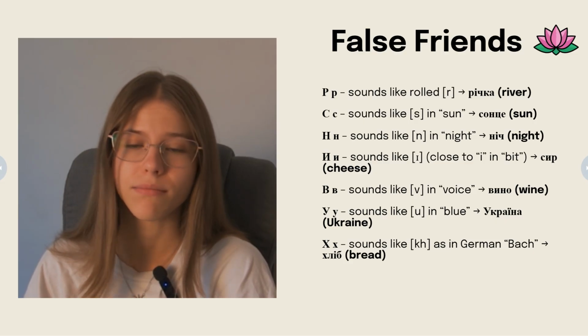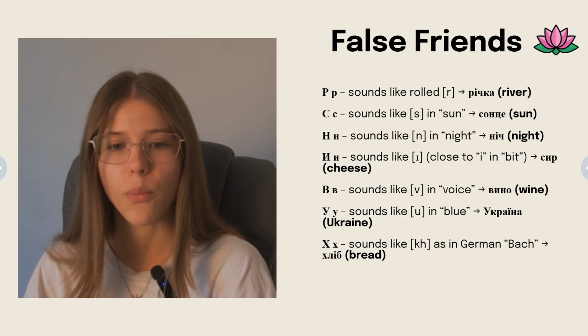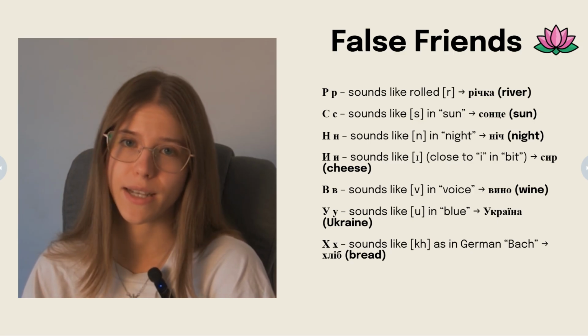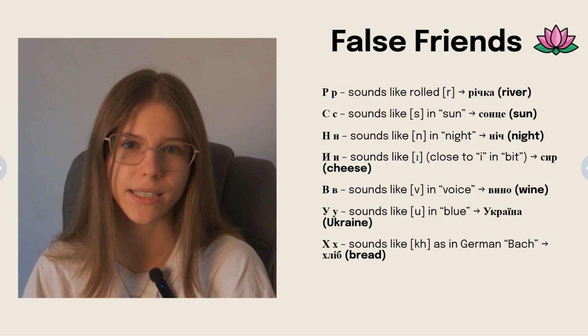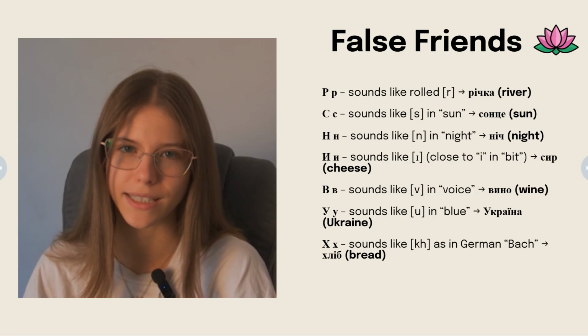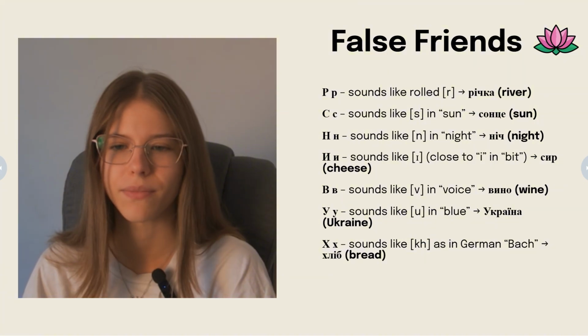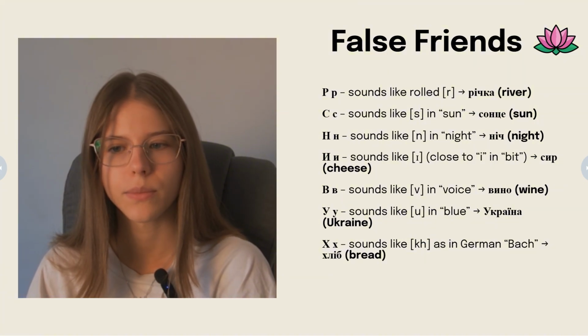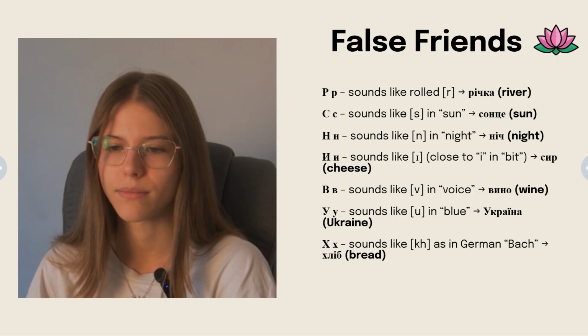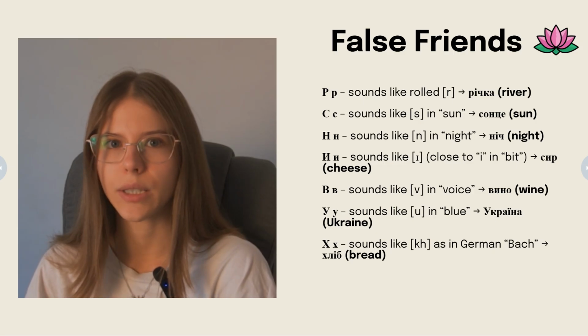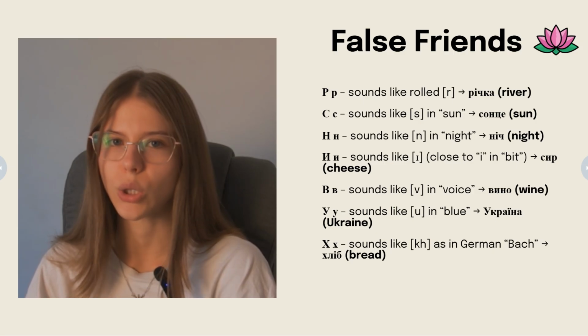Now let's meet the false friends. They look like English letters, but have completely different sounds. So these are tricky letters, and words with these letters can also be tricky for you. Let's learn them together. Р, річка. С, сонце.